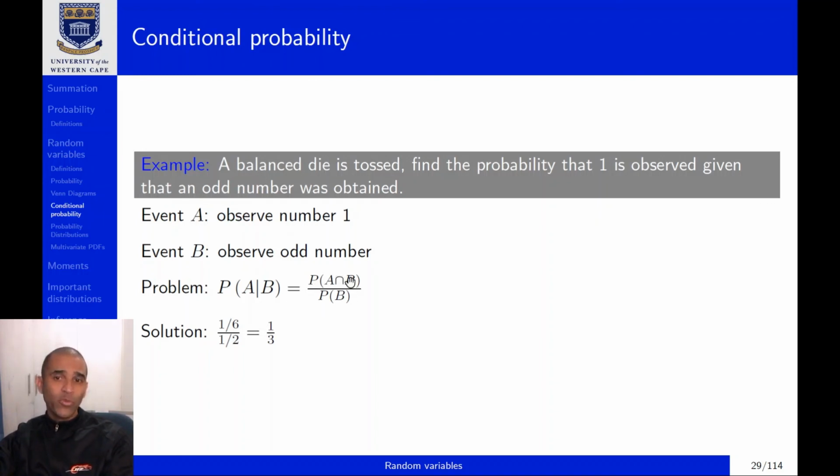So the numerator in this instance is 1 over 6. The probability of observing an odd number is given by 3 over 6, because there are 3 odd numbers in the range 1 to 6. So the result is 1 over 6 over a half, which gives us a third in this instance.